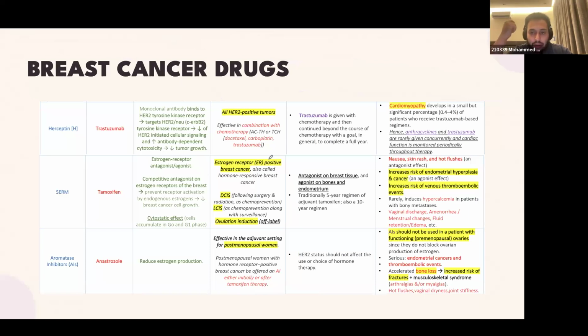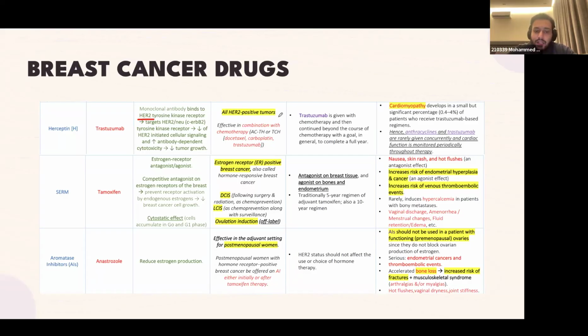So what drug can you give? Trastuzumab. Perfect. Trastuzumab binds to HER2, which is a tyrosine kinase receptor. Very important is its side effect, which is cardiomyopathy. Now, what drug can you never give with trastuzumab because of the side effect? Doxorubicin. Excellent. Or anthracyclines.